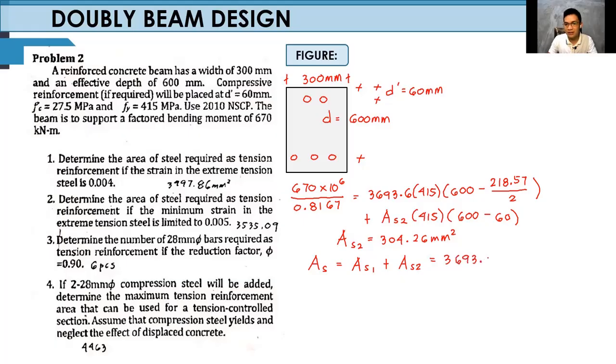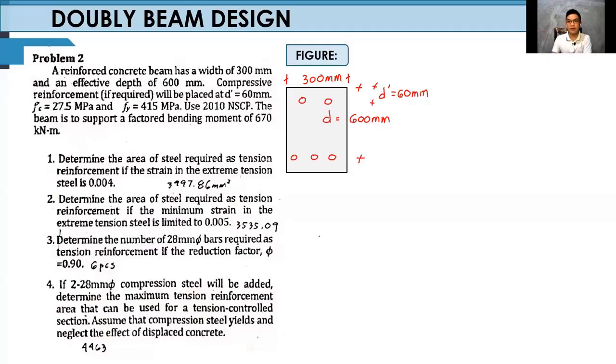Sulat lang natin, plus 304.26. So, the total area na kailangan natin for our tension is 3,997.86 millimeters squared. Ayan, medyo mahaba siya, no? So, this is our final answer for our situation number 1.